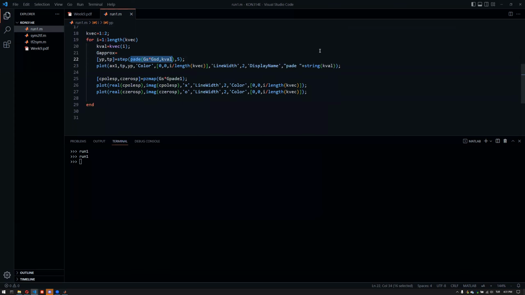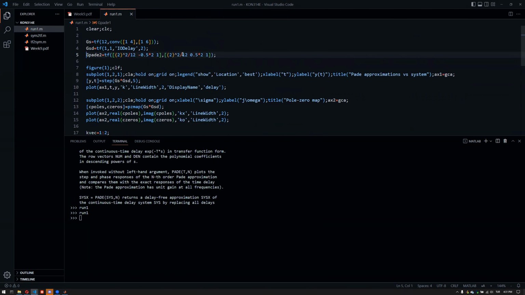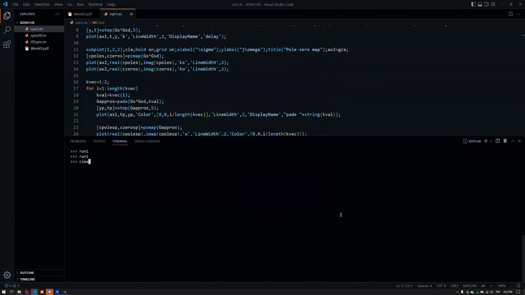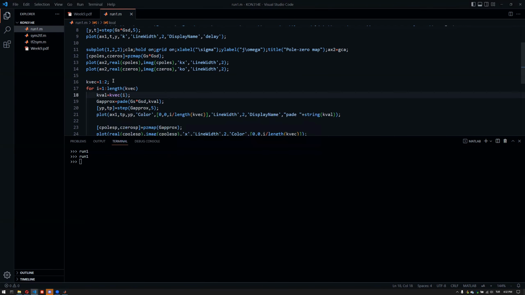Let's use pade just once. kval, and then our transfer function is basically G approx here. The reason for that is I've just these here. Let's get rid of them. Let's run. There we go. Now, of course, if we have only 2 values, it doesn't make sense. Let's keep increasing. For example, 4.